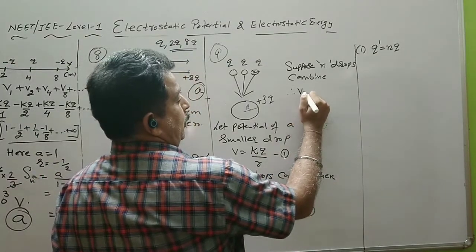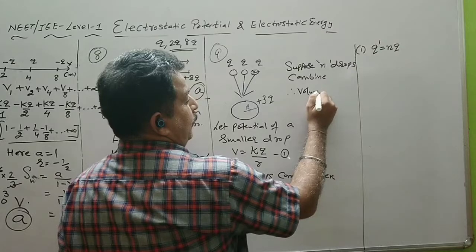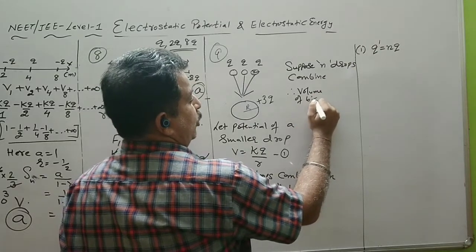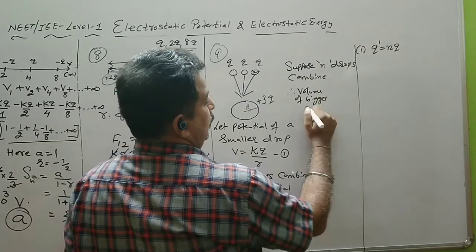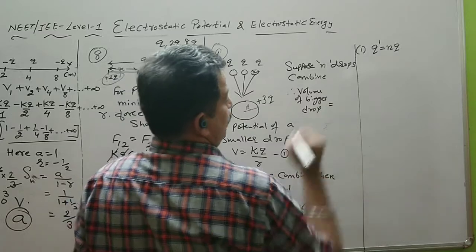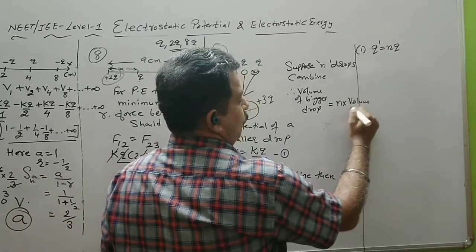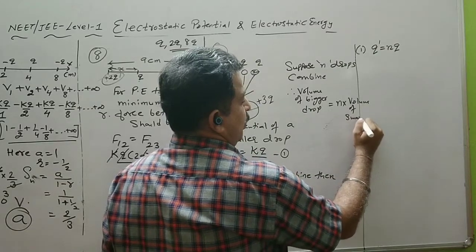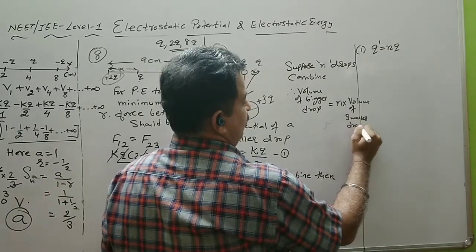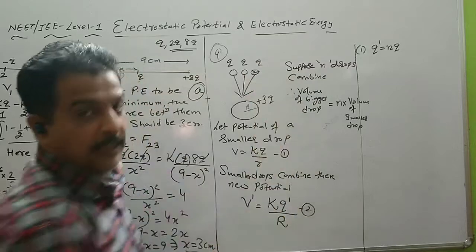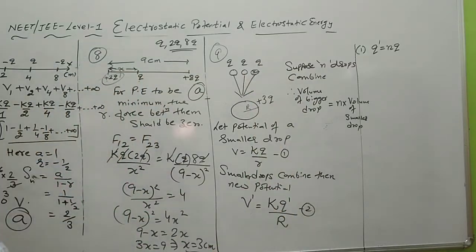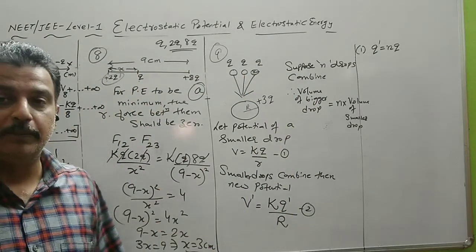Therefore, the volume of the bigger drop is equal to n times the volume of a smaller drop. So if the volume of one drop is 1 ml, then it should be 3 times in this situation, or n times.